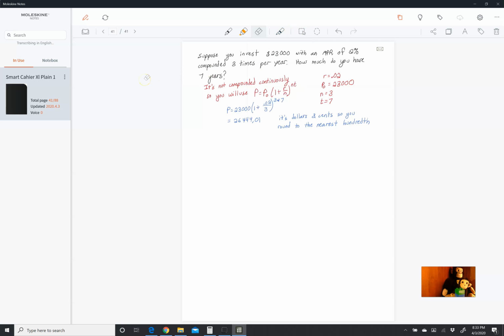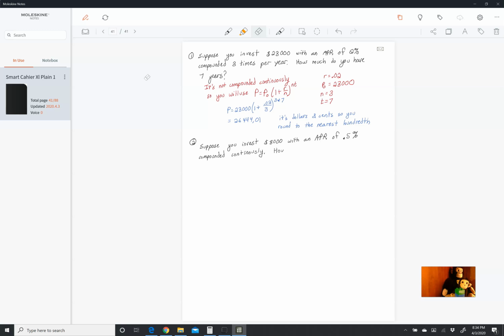Let's take another one. Suppose you invest $8,000 with an APR of 0.5%, compounded continuously. So notice you don't have an N here.